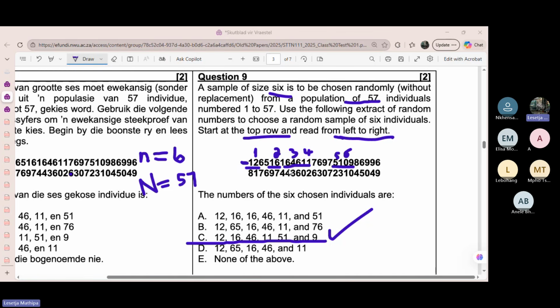Let me check here on WhatsApp. I think it was Elisa.